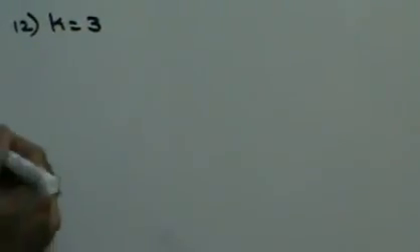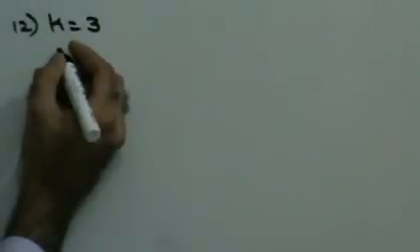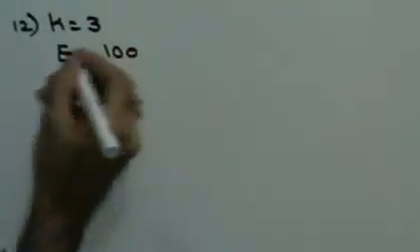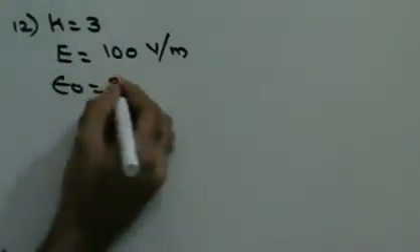Calculate the energy per unit volume of a medium of dielectric constant 3 if the intensity of electric field is 100 volts per meter.